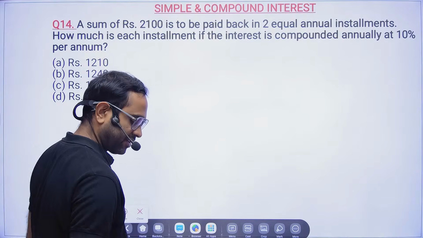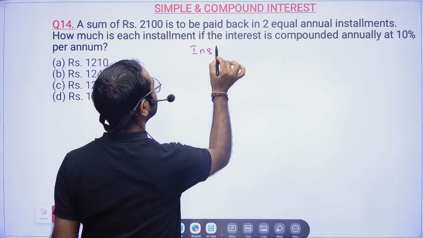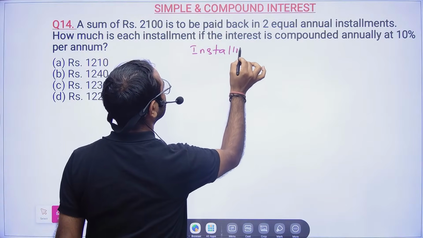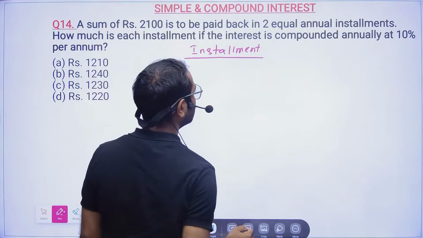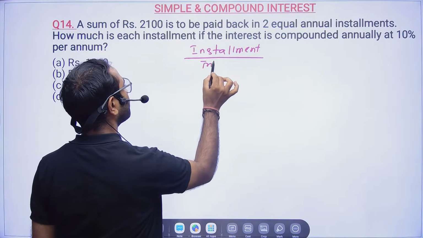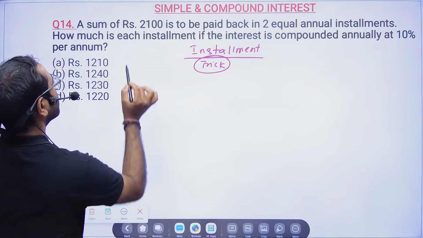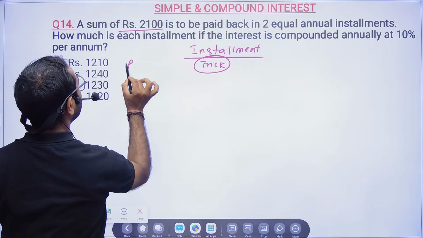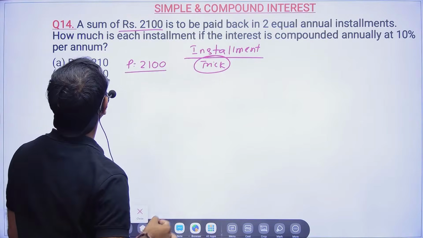So let's see, from here your CI installment based problem. Please try to understand, this is a trick which you have to keep in mind. A sum of rupees 2,100 is to be paid back in 2 equal installments.